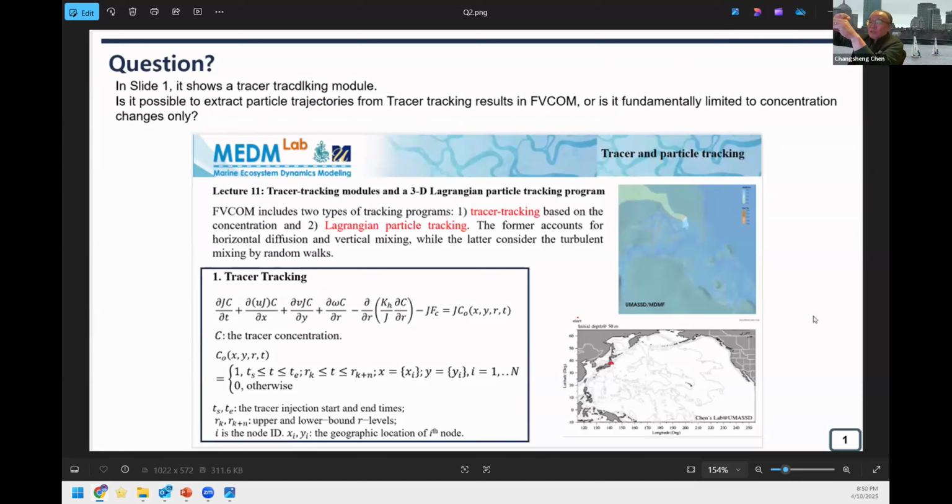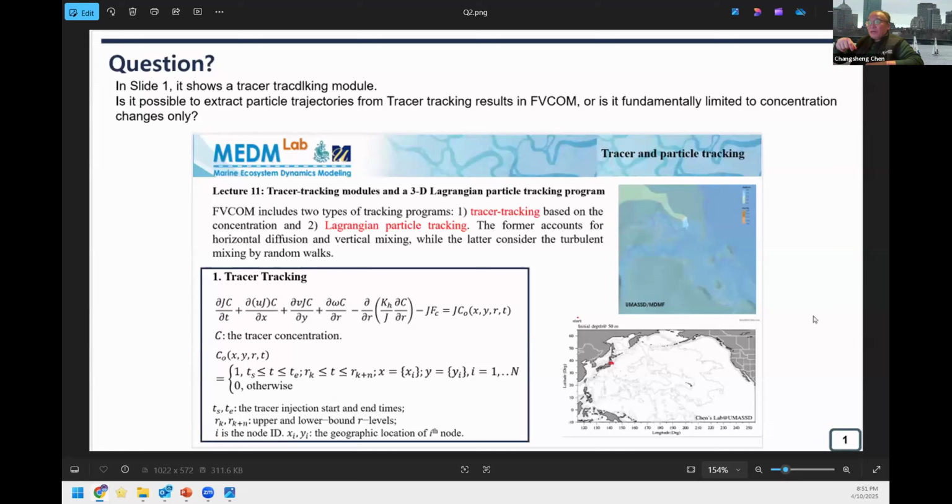If you calculate the mass center of the dye, this trajectory is different from the particle. Your particle only considers flow, but dye considers diffusion, both horizontal and vertical. That's why you're not able to track one from the other, because the physical driving mechanism is completely different.